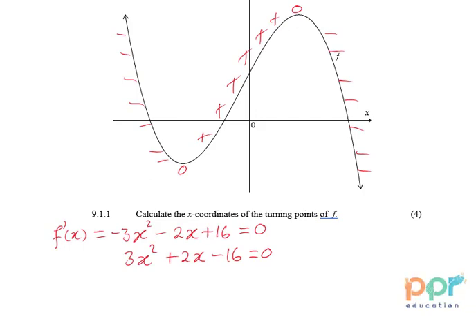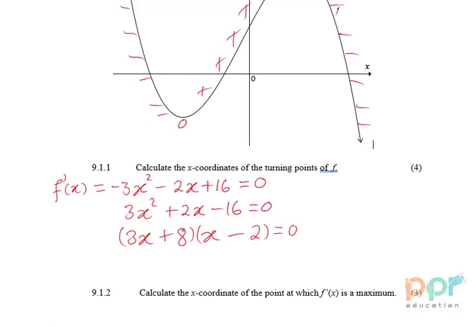To find the factors, I open two brackets equal to 0. The factors are 3 times 1, and the factors of 16 are 8 and 2, with the smaller one multiplying the 16, so that it is negative. On this side I must have minus, and on this side I must have positive.